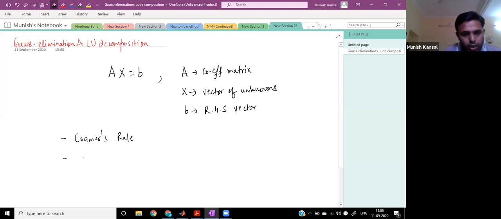Then we talk about the matrix inversion, that is x is equal to A inverse b. So here provided determinant of A should not be zero, right? So these are few techniques. These are the analytical methods with the help of which we are generally finding the solutions of these linear systems, right? So now we are going to the next stage, that is the Gauss elimination method.